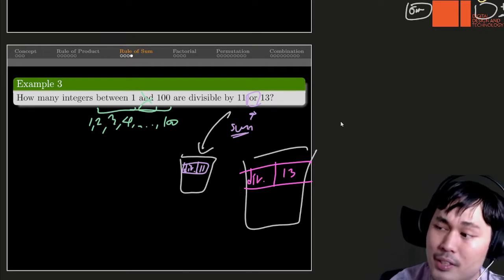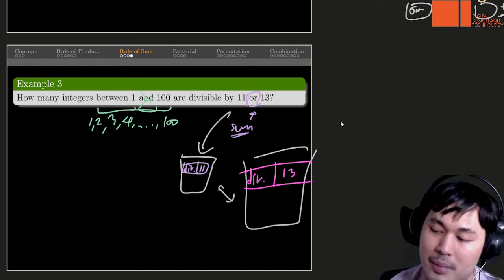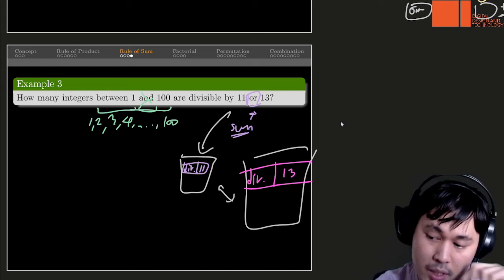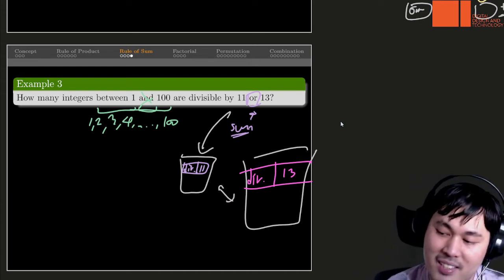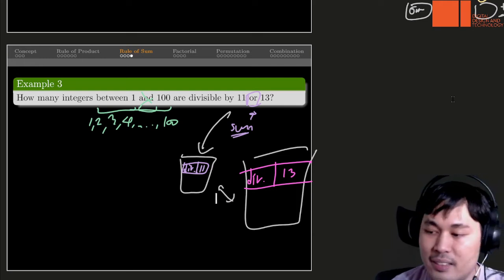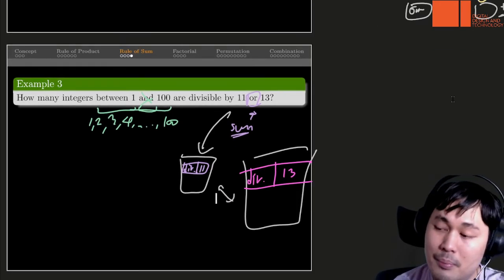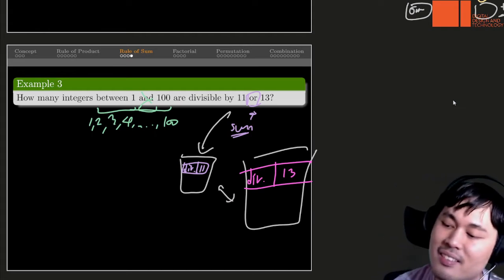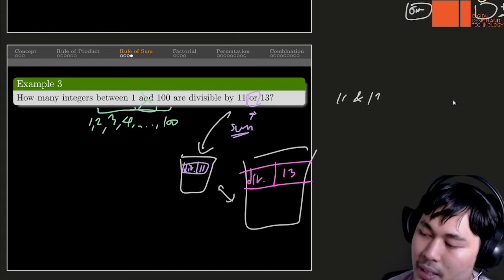And the first thing is to see if the contents in these two baskets are separate. You need to make sure that the numbers are not in both baskets at the same time. Can you think of a number that is both divisible by 11 and 13 at the same time?